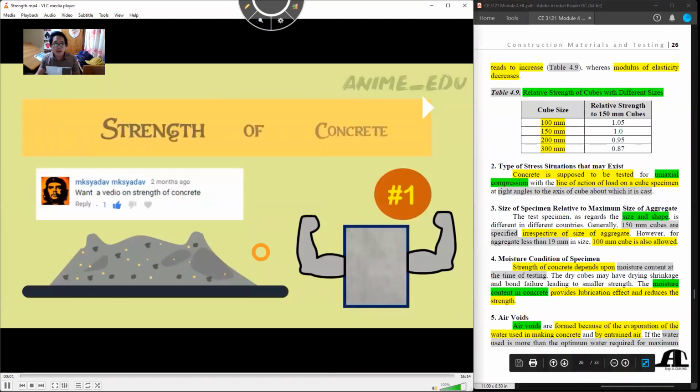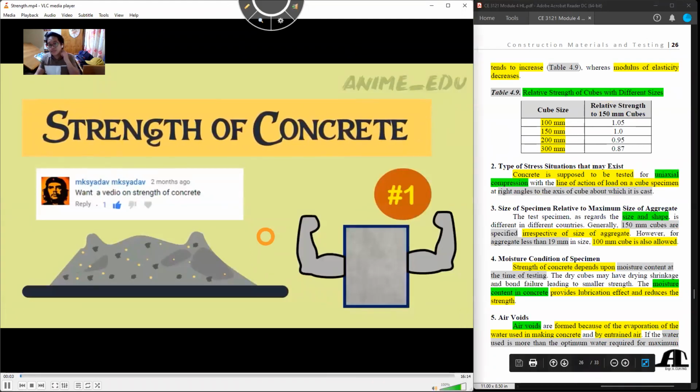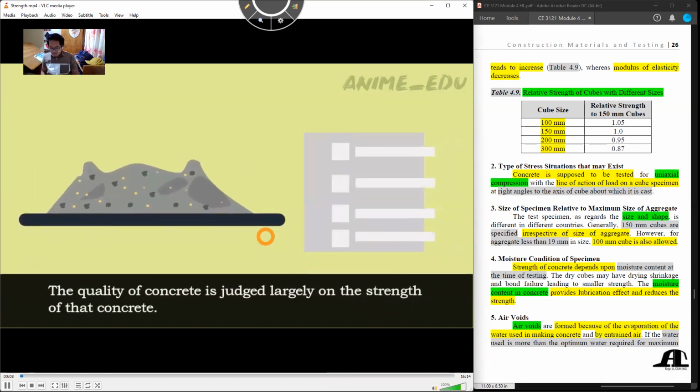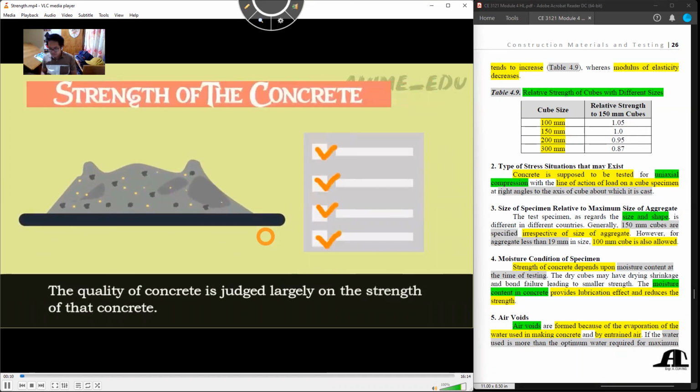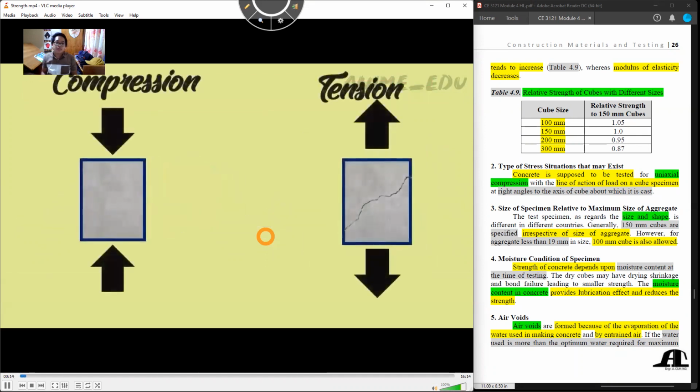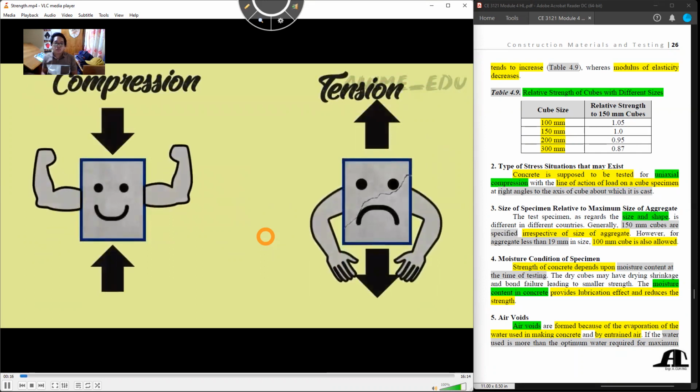Anyway, tuloy natin. Concrete. The quality of concrete is judged largely on the strength of that concrete. We all know that concrete is strong in compression but weak in tension.